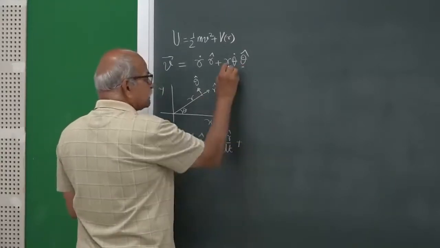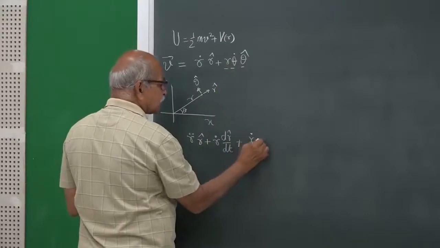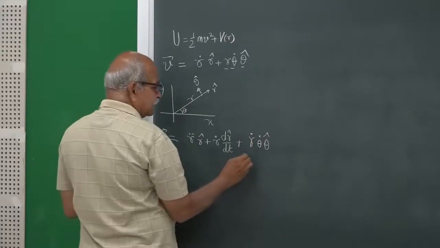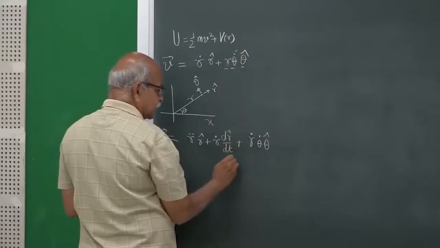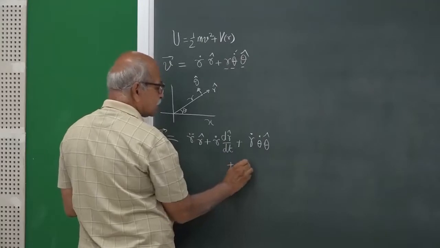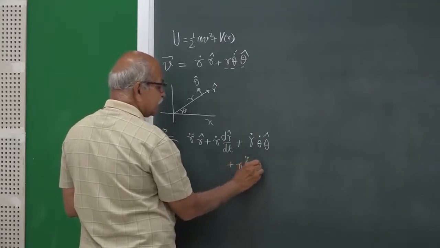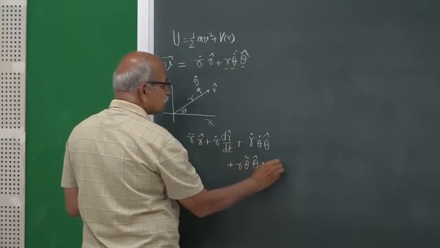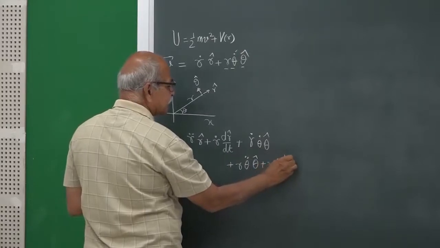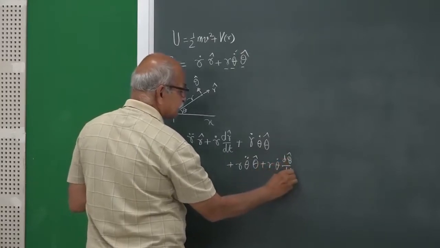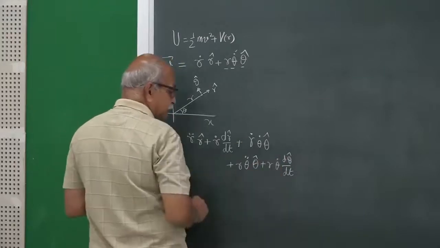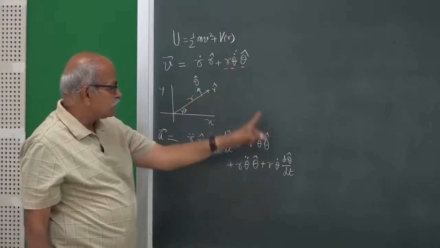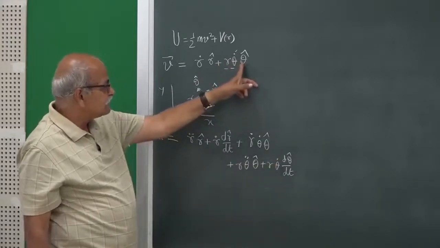So, differentiate this r dot and keep the rest there, and then differentiate this one. So, plus r theta double dot theta cap. Now, differentiate this one. So, plus r theta dot and d theta cap dt, theta dot. So, r kept as it is, theta dot kept as it is, and this is differentiated.